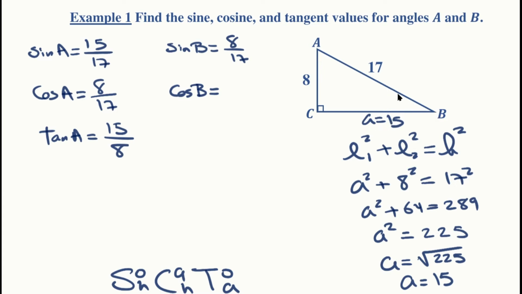Remember, every angle is going to have two sides, right? Well, one is the hypotenuse in a right triangle, so it's the other one that we consider to be called the side adjacent to that angle. So adjacent over hypotenuse, so 15 over 17. And the tangent is opposite over adjacent. So the tangent of b will be opposite, which is 8 over 15.